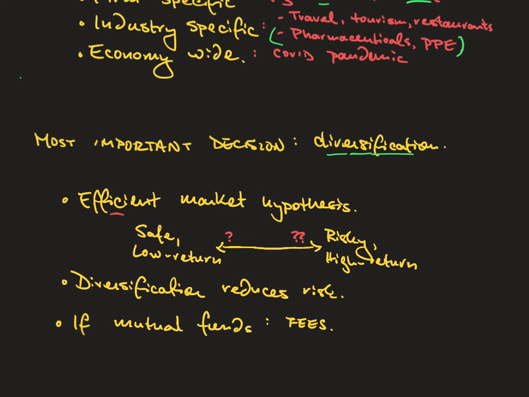And the economist would say, no, that's simply not true. You could pick at random and do just as well. And since the fund managers provide little value, don't pay for your fund managers. Find the mutual funds with the lowest fees, and that's it.